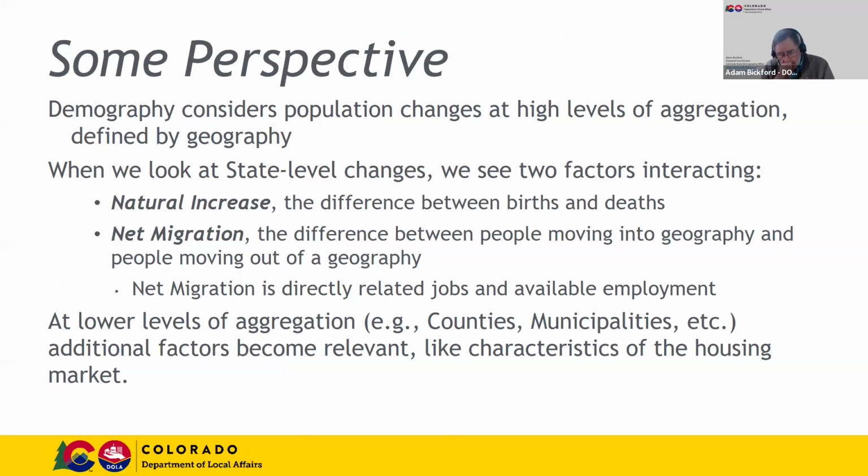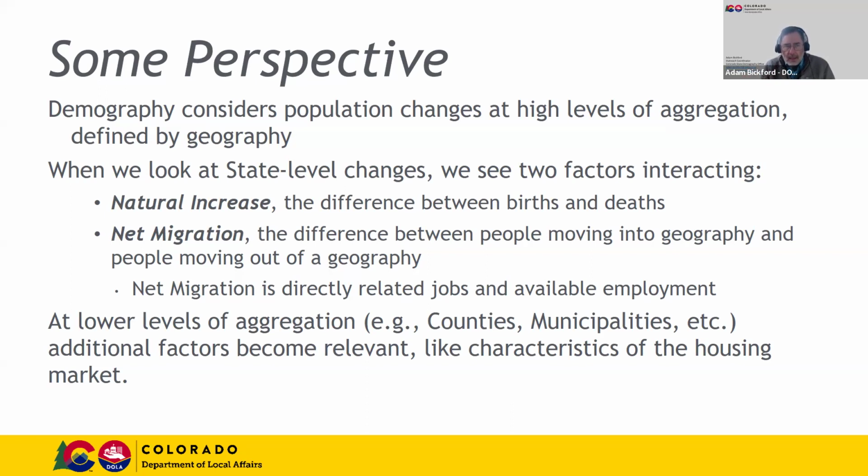So I want to give you some perspective about us, about demography. We consider population changes and population at really high levels of geography, of aggregation, and they are defined by geographies.